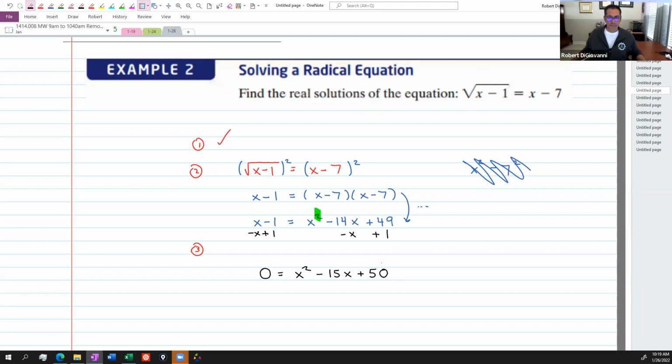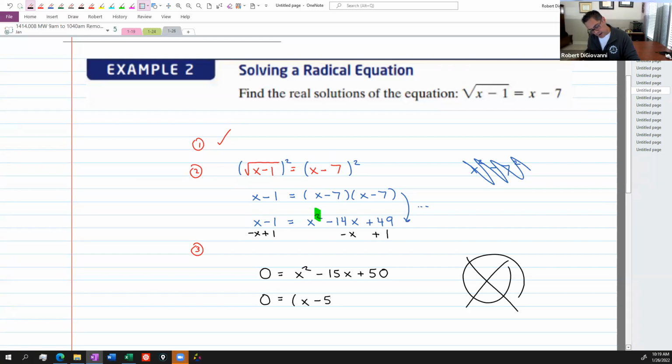Okay. And now I'm hoping that that's going to factor, right? I'm hoping that if I do this over here and play that little game, it'll factor. It does. I'm not showing this, but it does factor to be x minus 5, x minus 10.